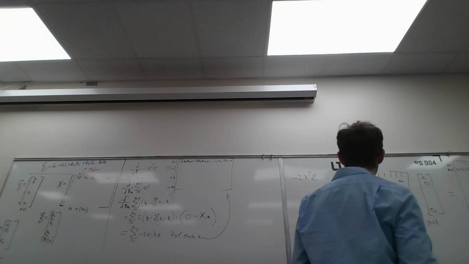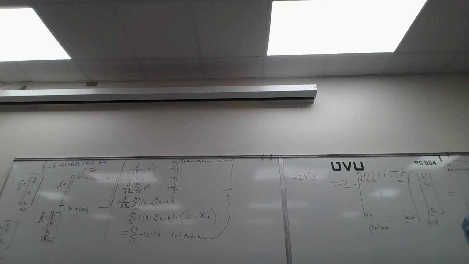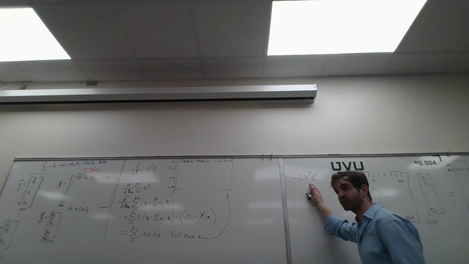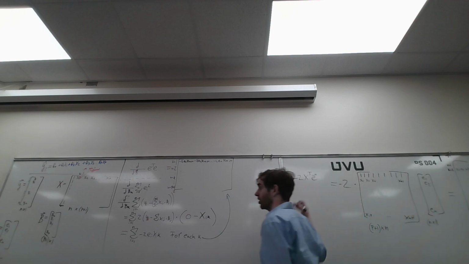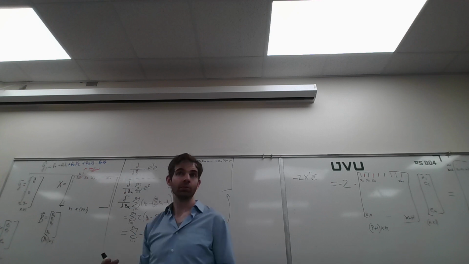Everybody cool with that? A little bit hasty, but what I'm trying to show you is that this right here is a valid matrix representation of the derivative with respect to beta. Kind of cool. Questions?